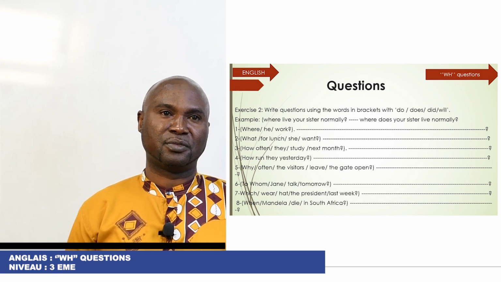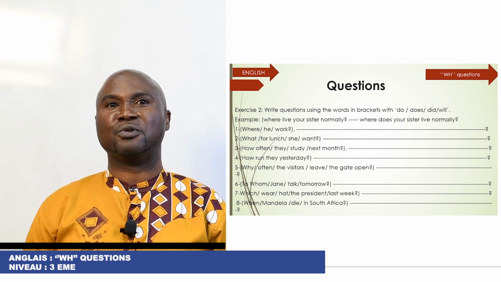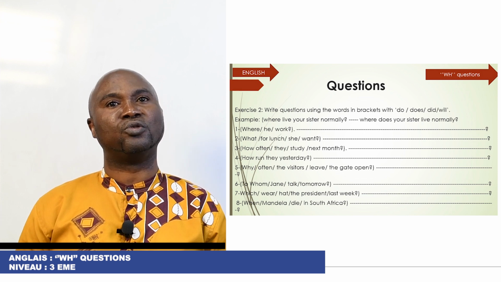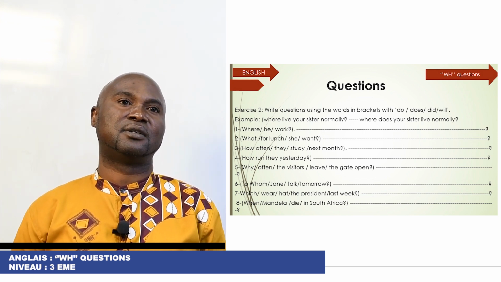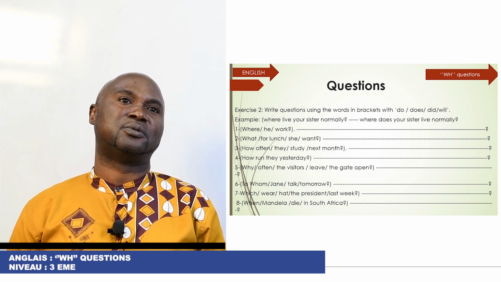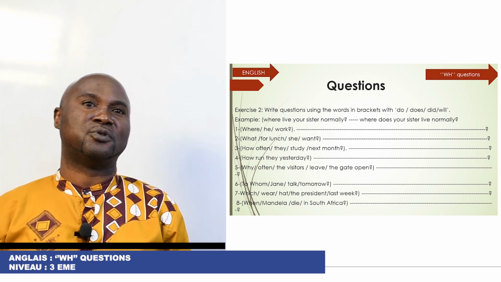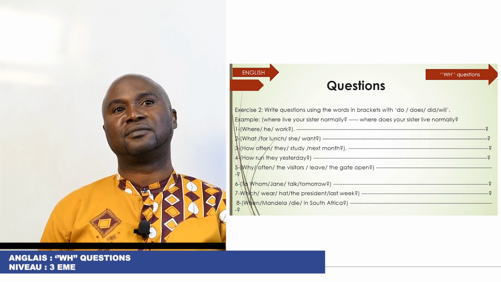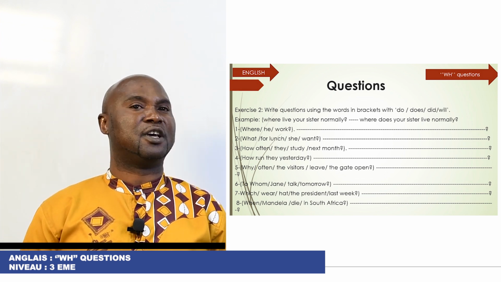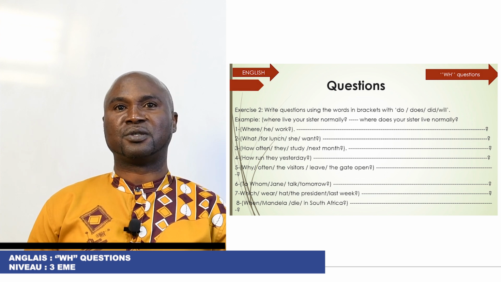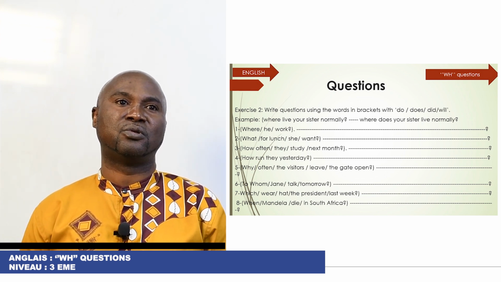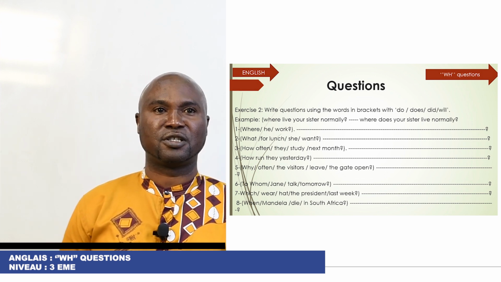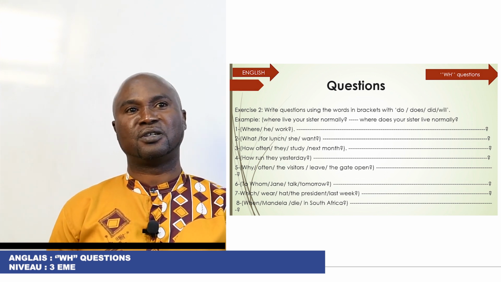Exercise 2. Write questions using the words in brackets with do, does, did, will. Here is an example. Where, live, your sister, normally? The answer is, where does your sister live normally? 2. What, for lunch, she, want.